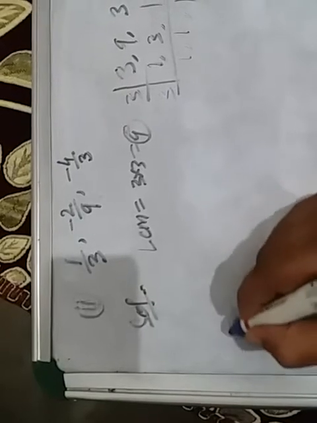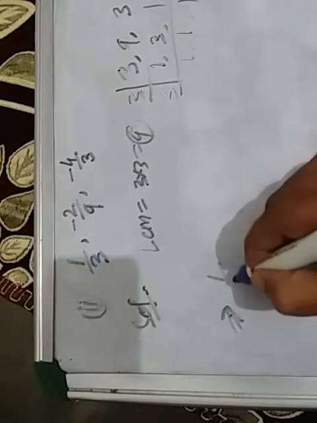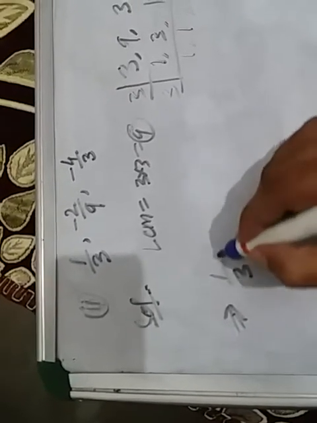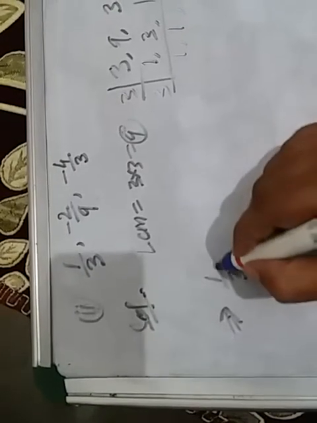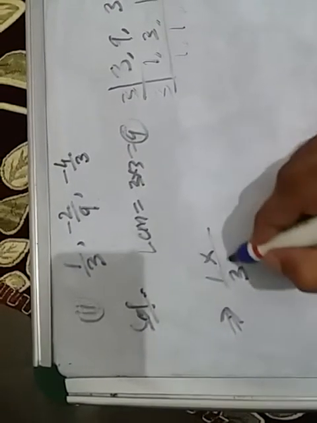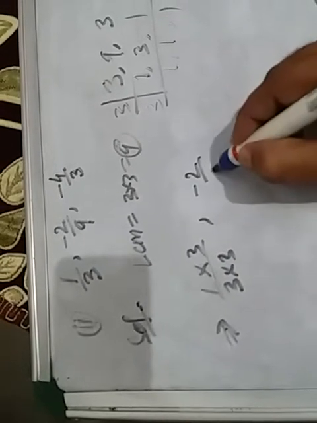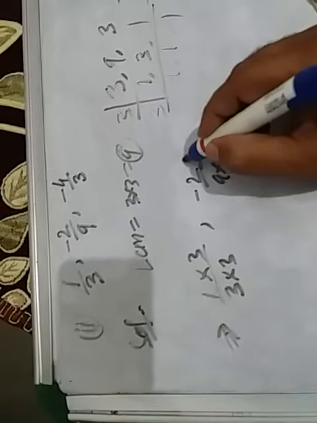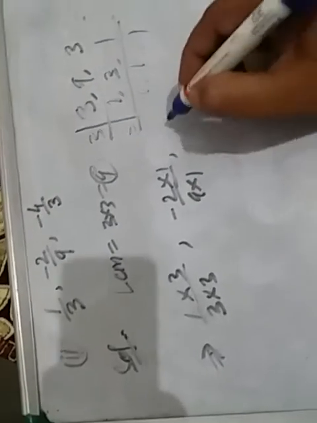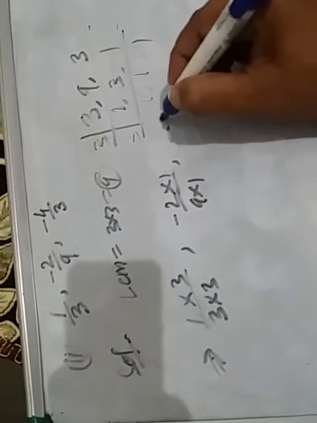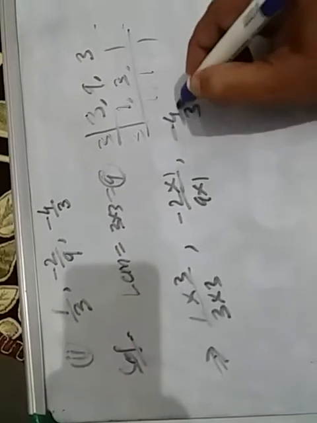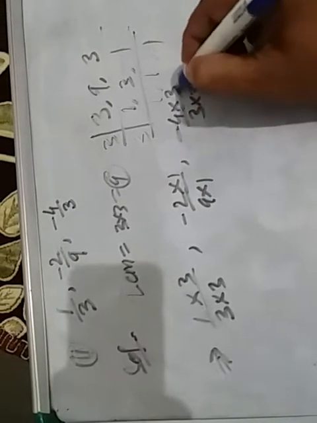The next step is making all the three denominators equal to 9. This implies that 1 upon 3 multiplied by 3 upon 3, then minus 2 upon 9 multiplied by 1, and here minus 4 upon 3 multiplied by 3 upon 3.